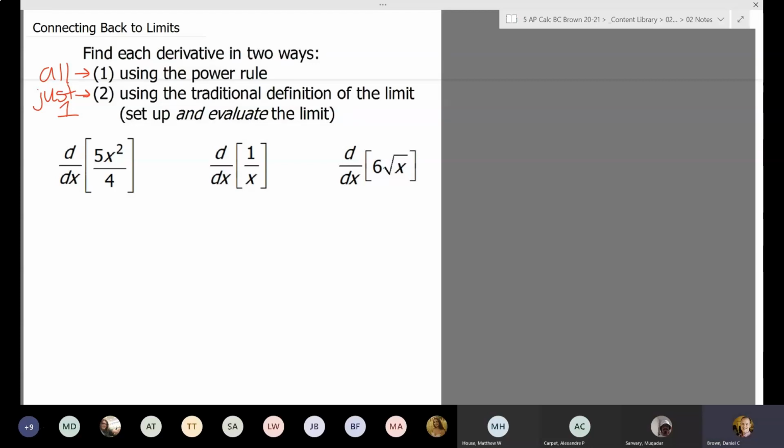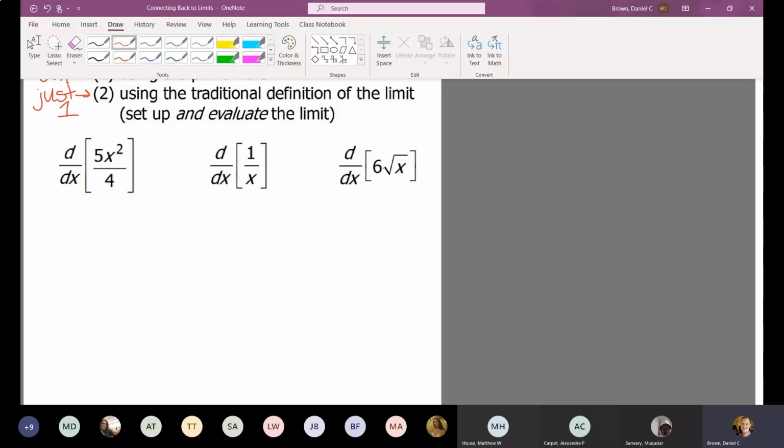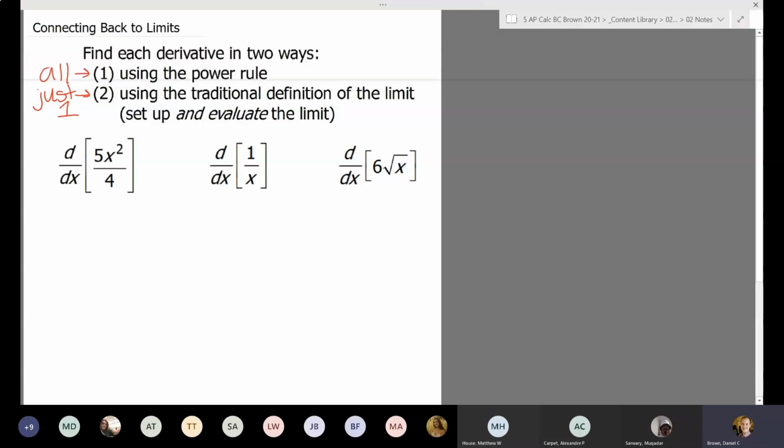But go ahead and take a moment. I'm going to stop the recording at this point because I just want to give you some time to work on it. Go ahead and take a moment to work on those 3. First, find the derivative, and then pick one of them to plug into the traditional definition of the derivative and simplify it.